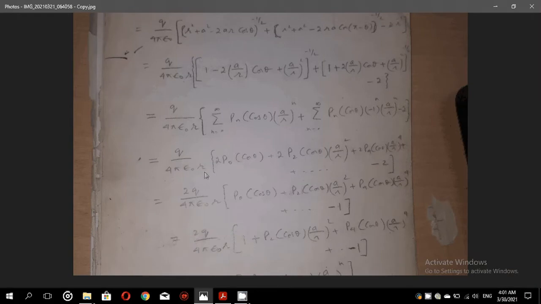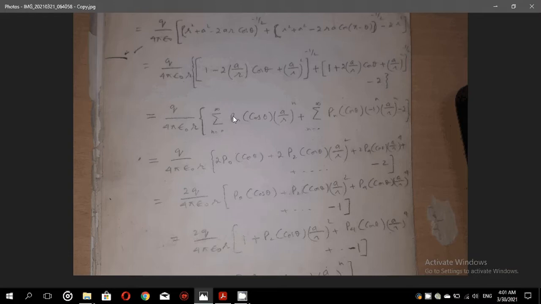And then when we expand this series and this series, obviously in the first series all the terms are positive, and in the second series, as you will see, the factor minus 1 to the power n will make positive and negative terms.